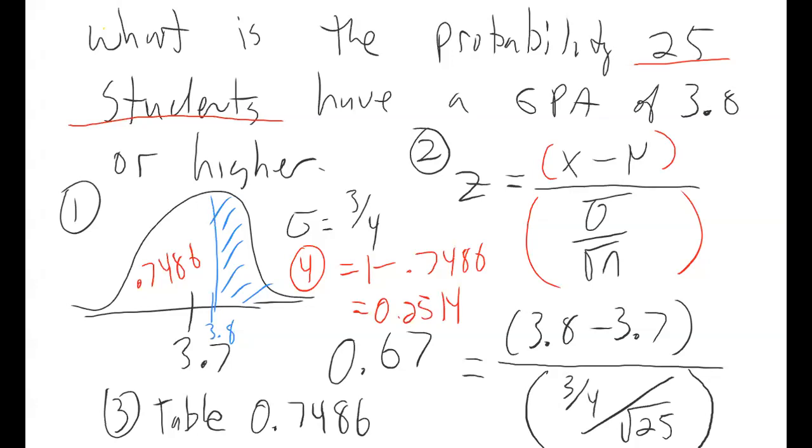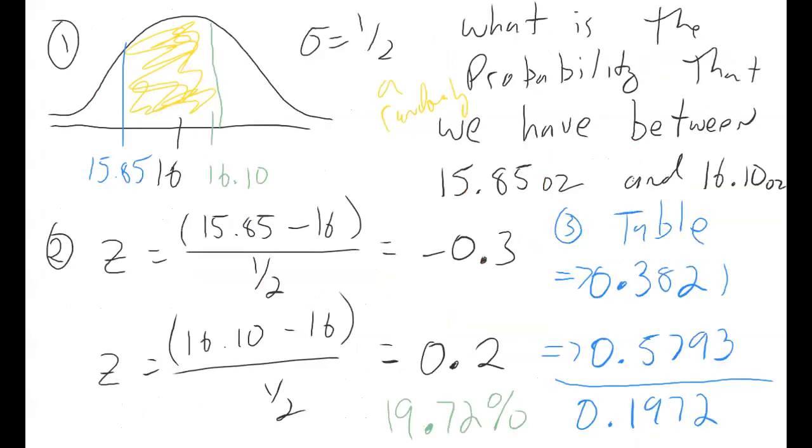Anytime you do these problems, you have to do steps 1, 2, and 3. The only time you have to do step 4 is if you're colored to the right, like in this problem, or if you're between, like in the problem where we did the subtraction over here.